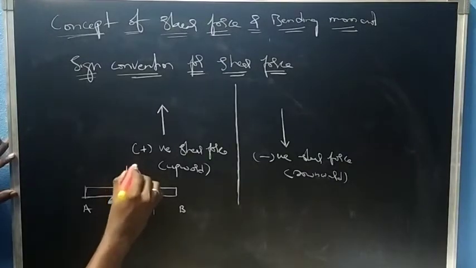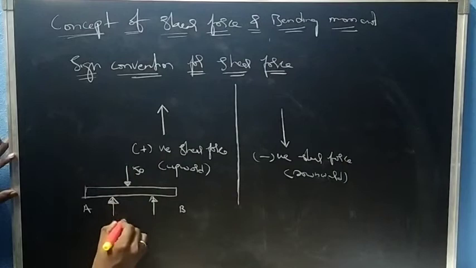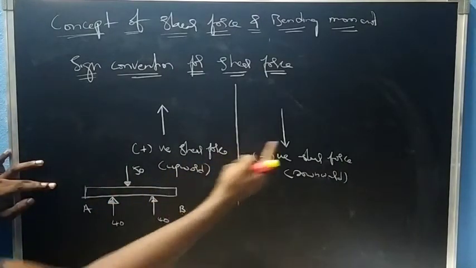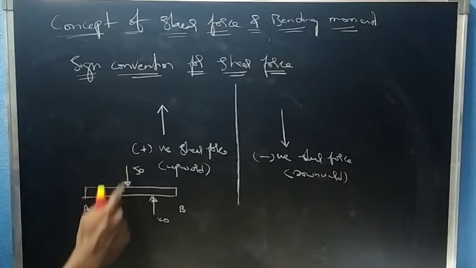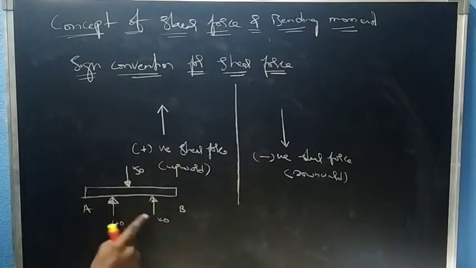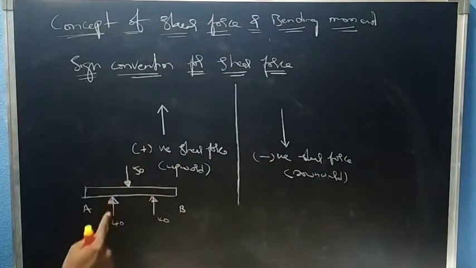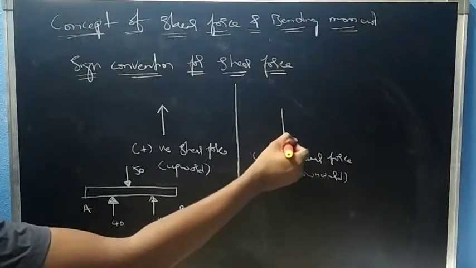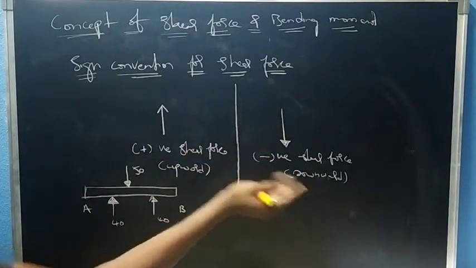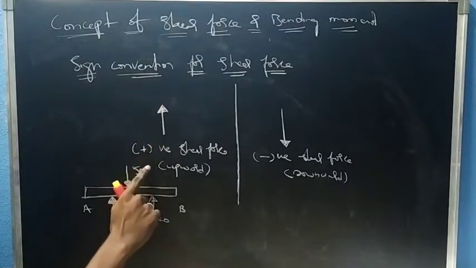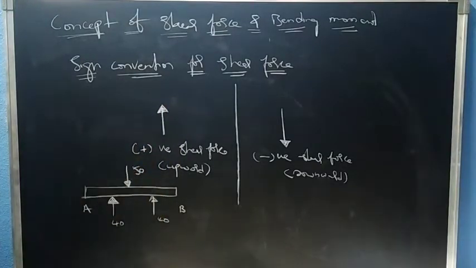Let us say 50, 40, 40. For calculating the shear force, we take this as negative because it is indicating downward direction, right? For this too we take positive because it is upward direction, right? So downward is negative, and if the arrow is upward, then it is positive, right?